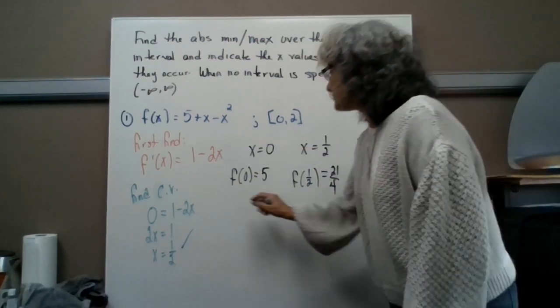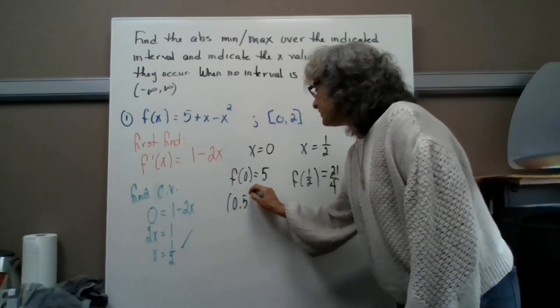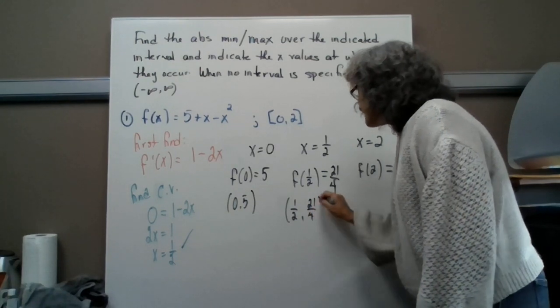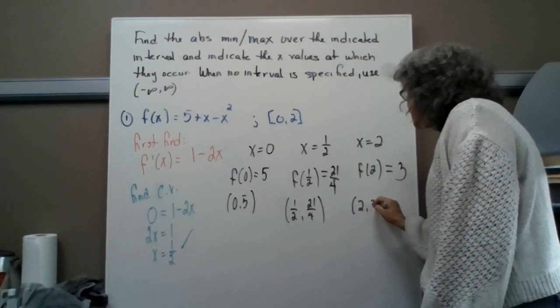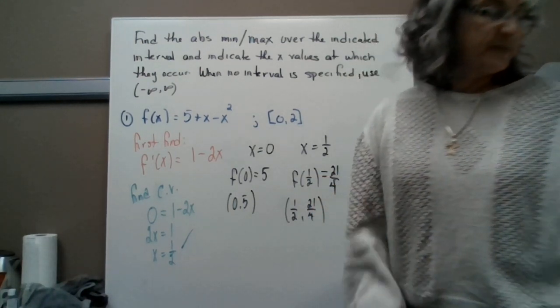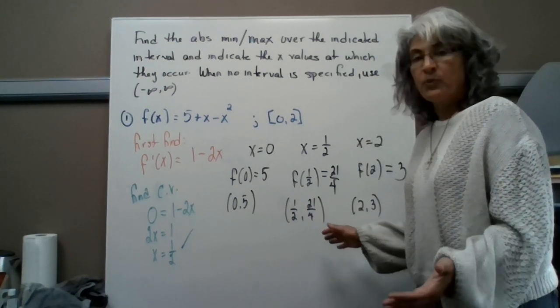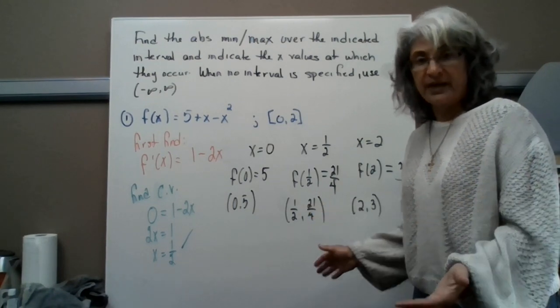Okay, so I have 0, 5, 1/2, 21/4, and 2, 3. Now I've got to figure out what my absolute min and absolute max is.